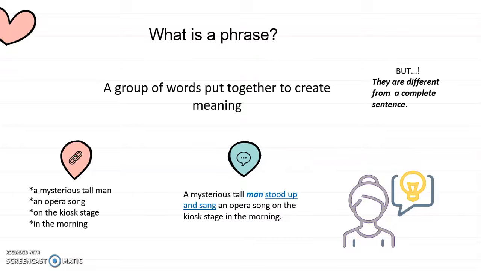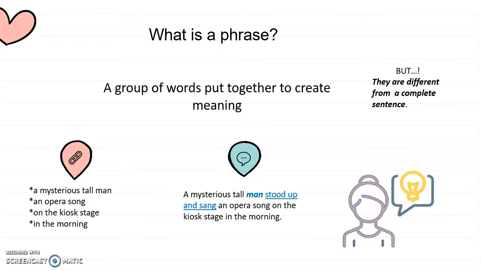A sentence using these phrases is: a mysterious tall man stood up and sang an opera song on the kiosk stage in the morning. The basic elements of a sentence are the subject and the verb, man and stood up and sang. The other sections give extra information to the sentence to expand it, and they are called phrases.